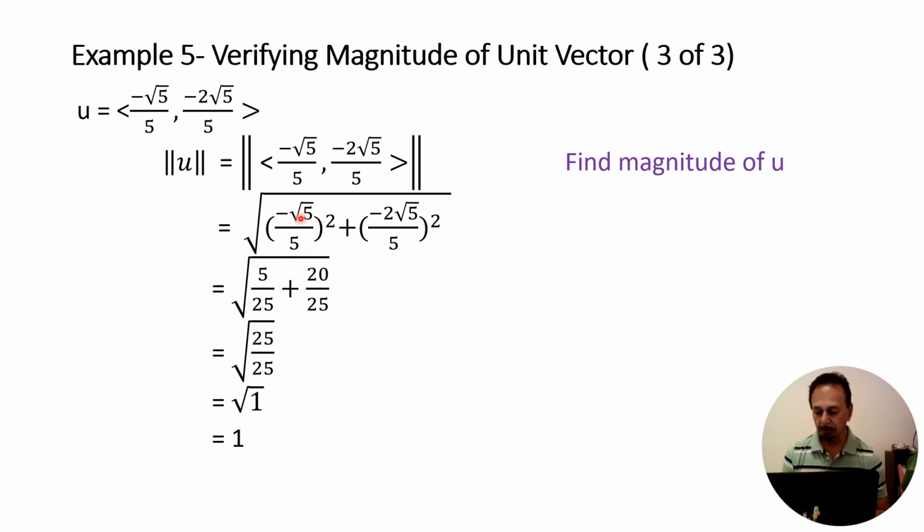So when you square, this becomes positive 5 and the bottom becomes 25. And when you square this one, negative 2 becomes 4, this becomes 5, 4 times 5 is 20, and the 5 squared becomes 25. Now we can add 5 plus 20, 25 over 25, square root. Now 25 and 25 cancel, then you get square root of 1, which is 1.